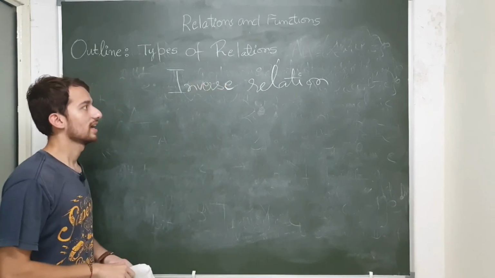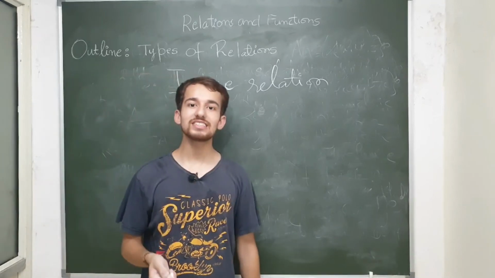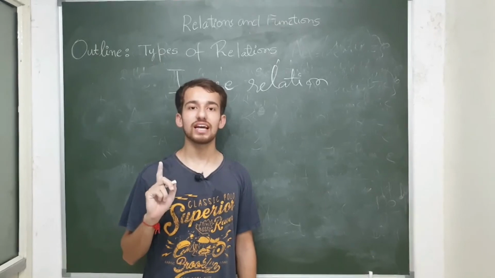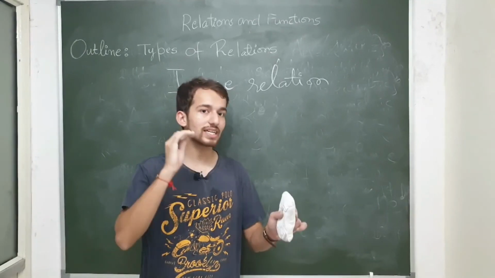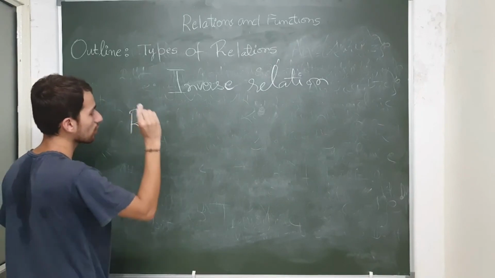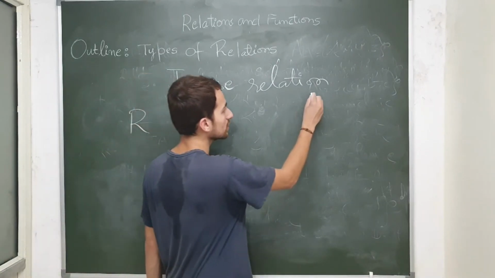If you recall, when we started defining a relation R in the previous lecture, it was defined from a set A to a set B. There were two sets in the picture.